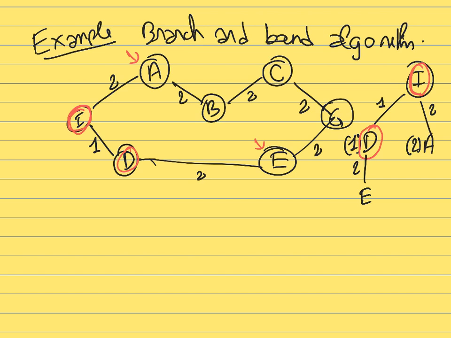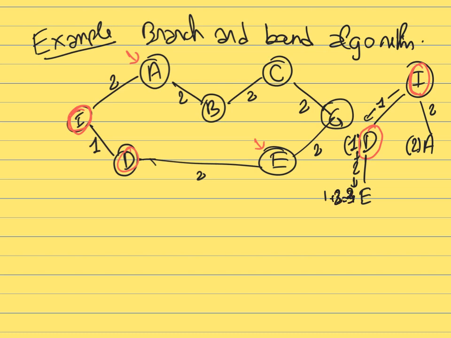For state E, you have traveled so far first a distance of 1 to go from I to D, and then another distance of 2 to go from D to E. So the total distance that you have traveled is 1 plus 2.